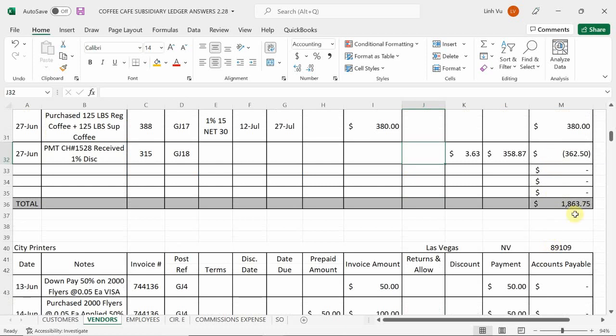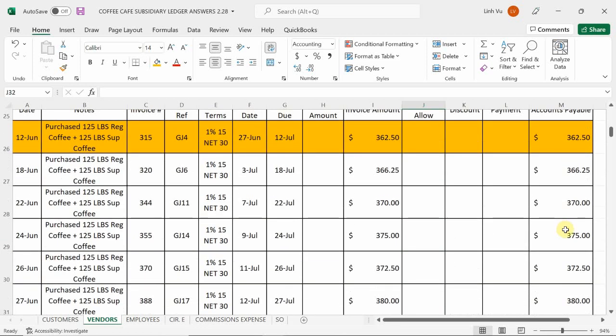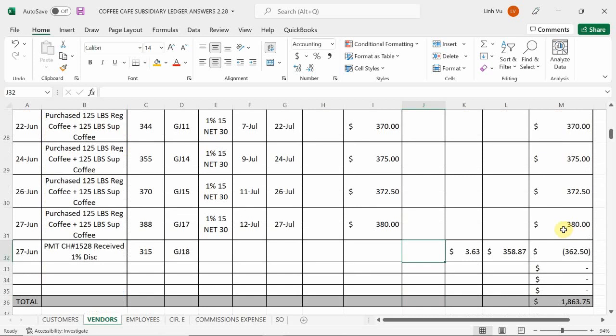It took it off. So now I owe only $1,863.75.